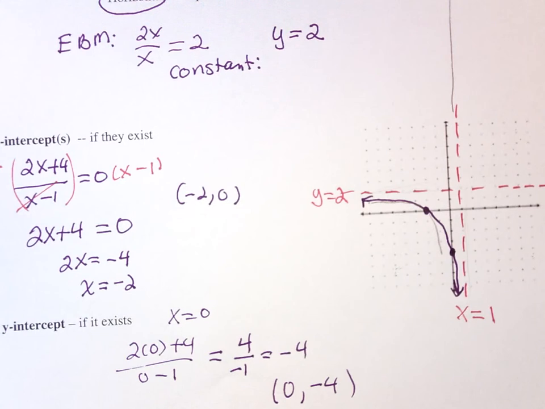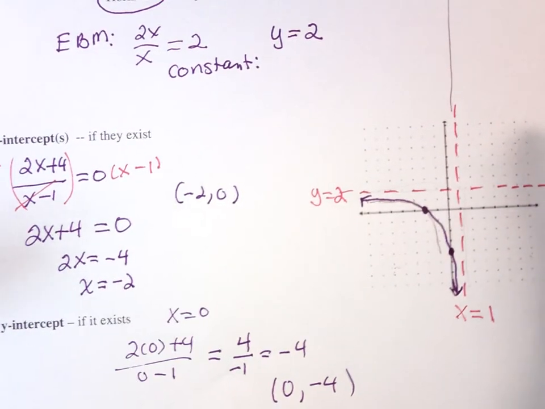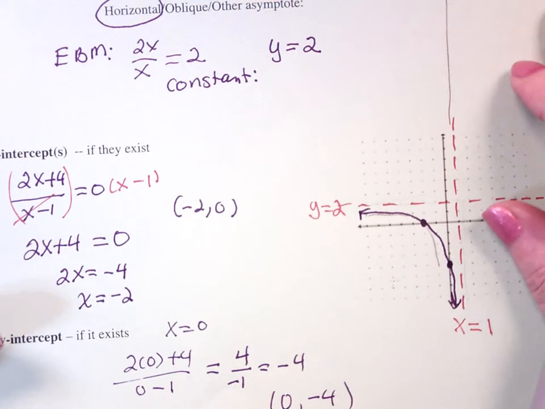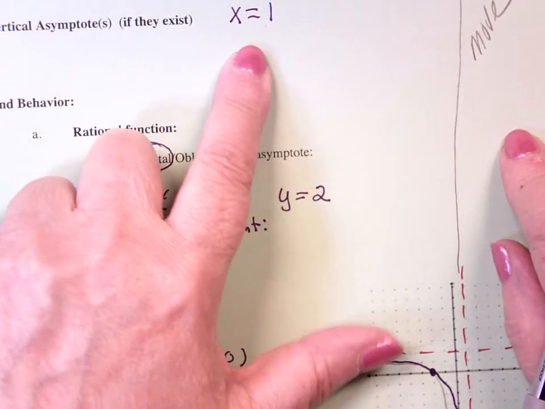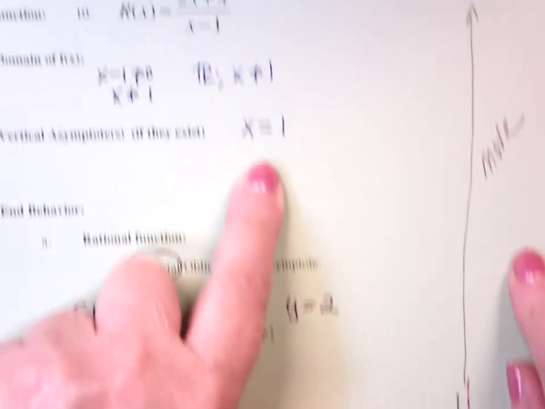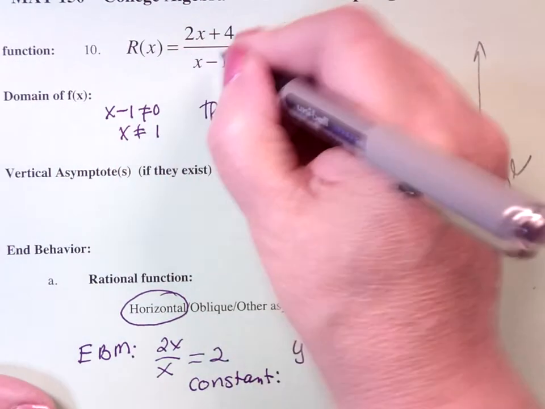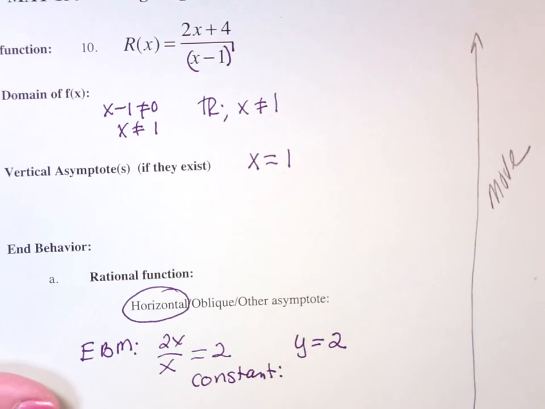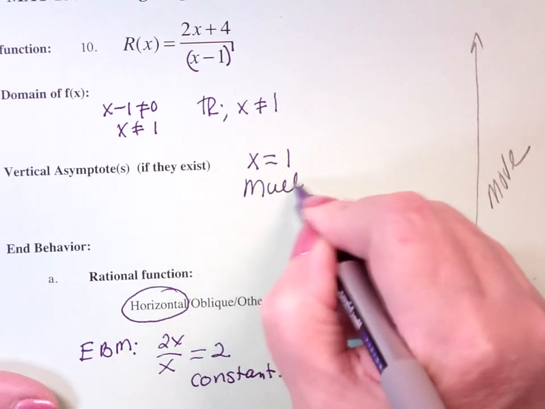But I have information, and the information that I have, if I want to look at shortcuts, is that the VA is of what multiplicity? If I look, this is x minus 1 to the 1 power. This says that the VA is multiplicity 1.